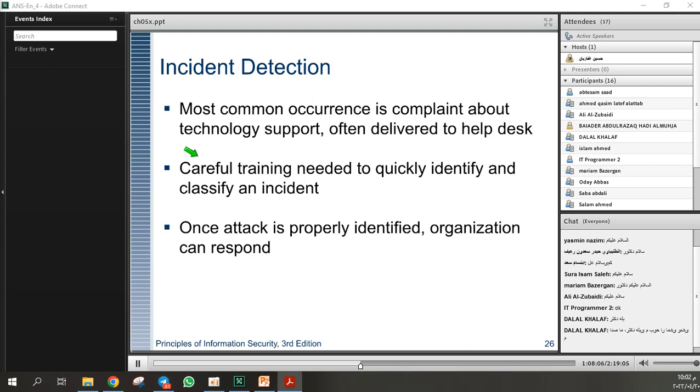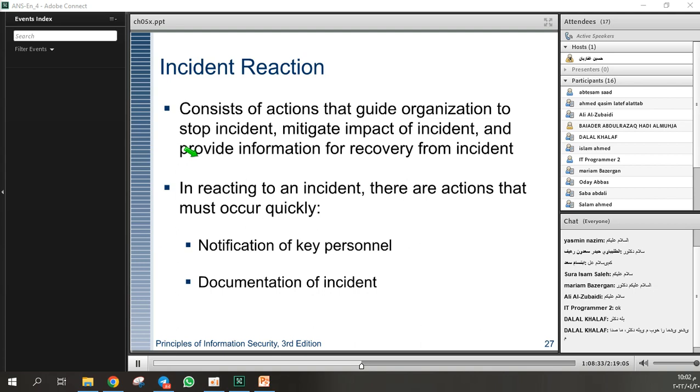I should prepare careful training for quick identification and classification of that incident, or use technology. By this, the organization can respond quickly to that incident.